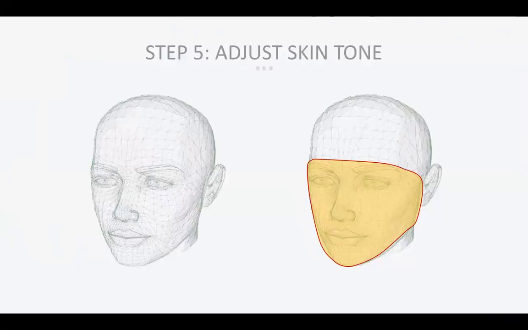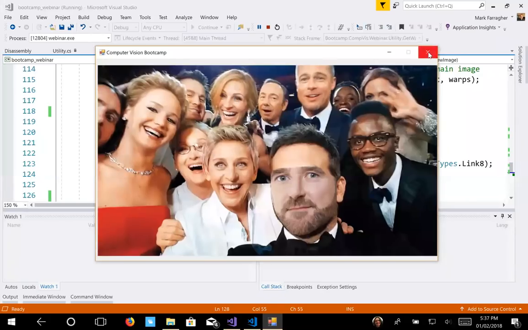It will look at the image that you're blending into. It will look at the average color around the area where you're doing the insert, where you're doing the blend, and then it will recolor the pixels in the other image so that they match. So it's basically a black box operation that does all the work for you. So let me show you what that looks like in code.